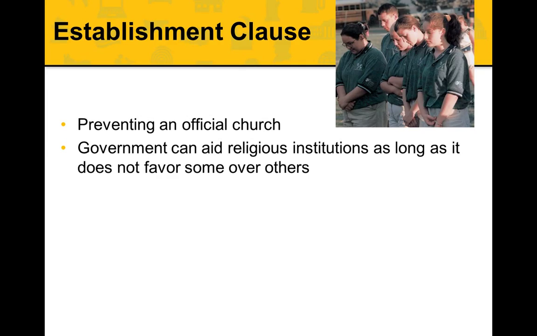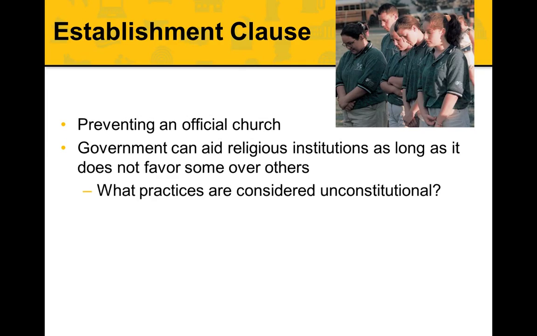Okay? So what kind of practices are considered unconstitutional? Well, there's one case called the Everson v. Board of Education in 1947. This is the case that applied the Bill of Rights to the states through selective incorporation. In this particular case, the Supreme Court upheld the use of state tax money to transport students to private religious school.